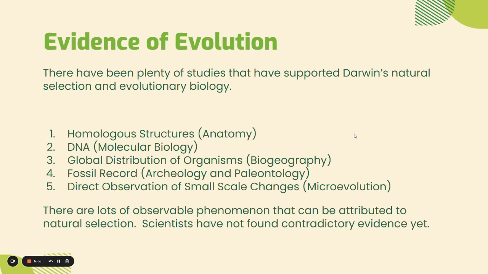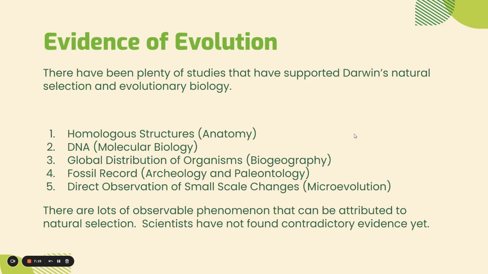All of that basic genetic code is similar. Third, there's a global distribution of organisms, which shows that over time, from this one common place, animals have spread out and changed. The fossil record gives us bone structures and DNA through archaeology and paleontology that also supports Darwin's theories.